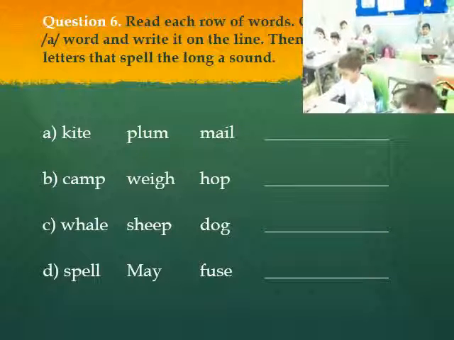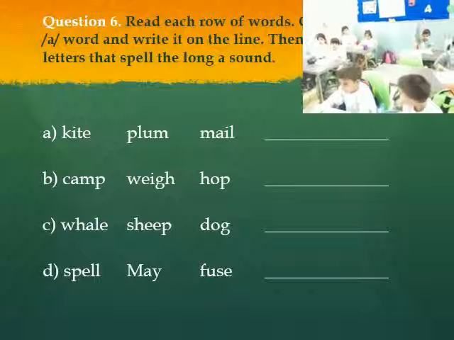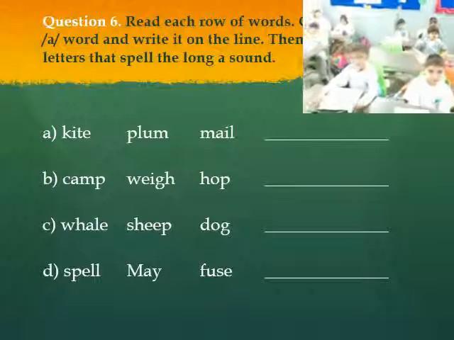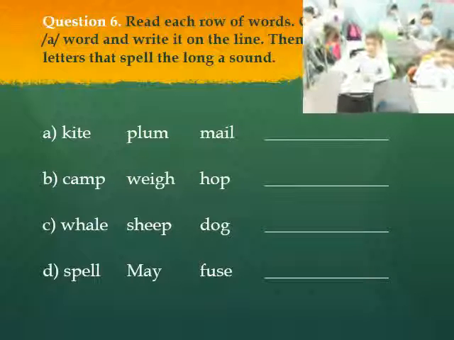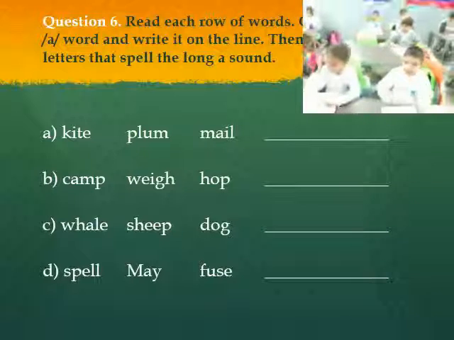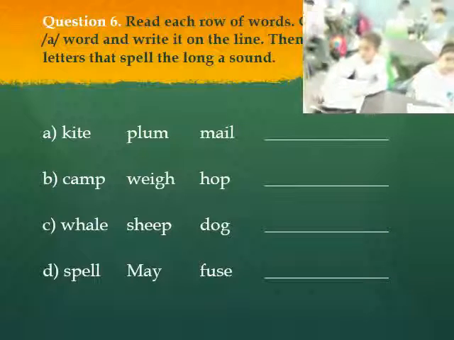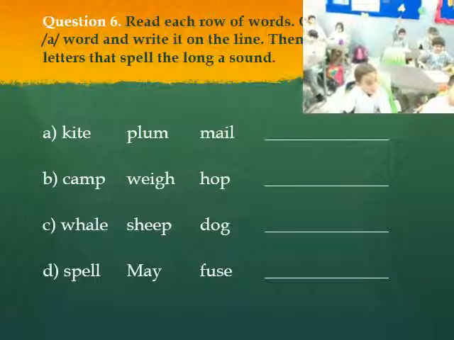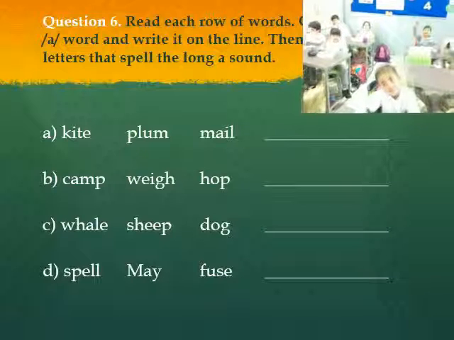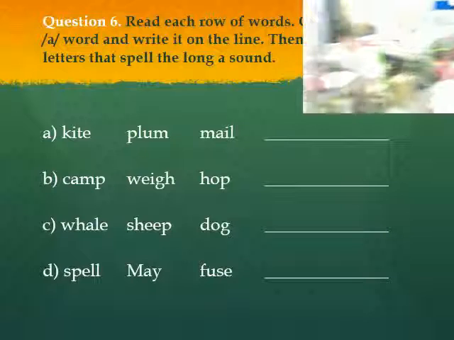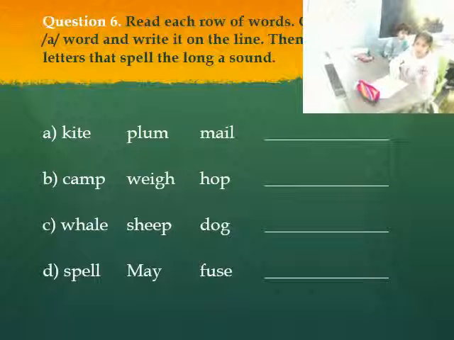A. Not A like apple, but A, like plane. Or 8. Okay. And then, when you find the word, where are you going to write it? On the line, okay? And then do what? What are you going to underline? The letters that make the sound A.